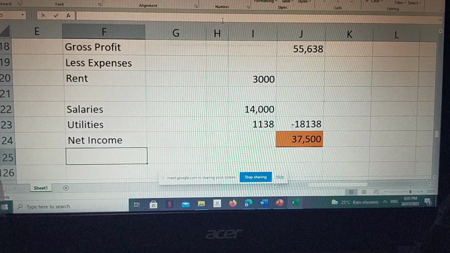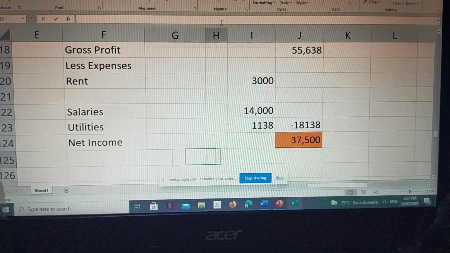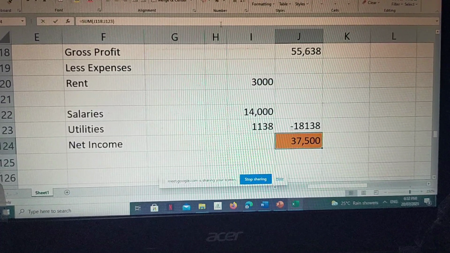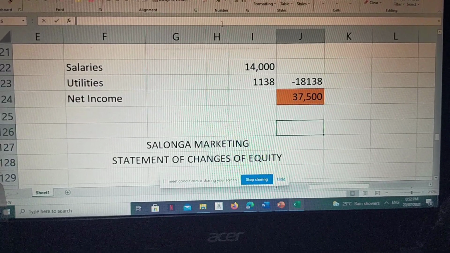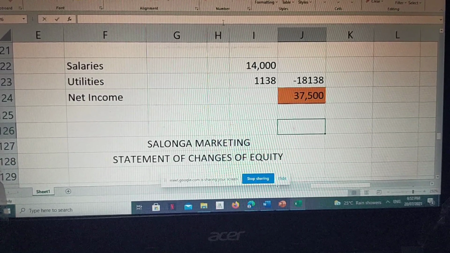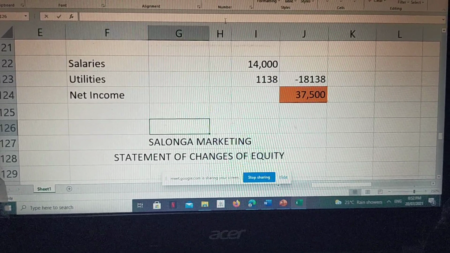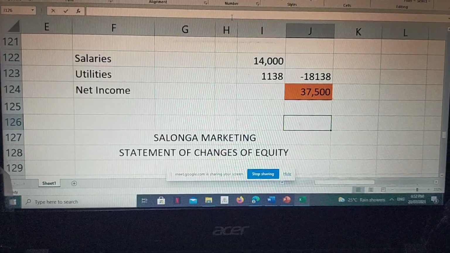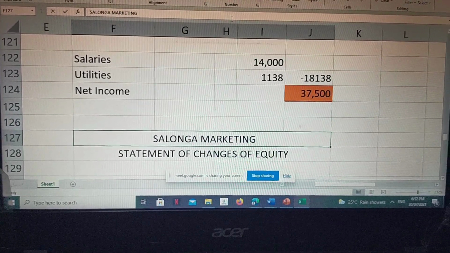Pero pag nagkaroon ng tax and kailangan talagang magbayad ng tax, we deduct here, 'di ba? Ito ang base. And then yung final for our statement of income is that net income after taxes. Yun talaga yung malinis na income na. Okay? Net of the net of the net na.